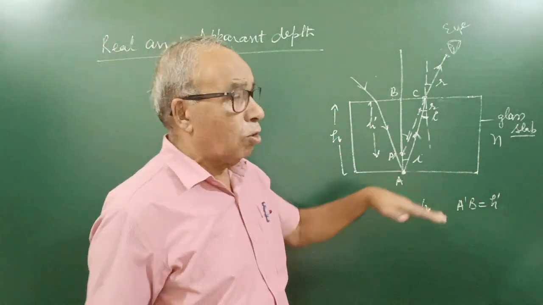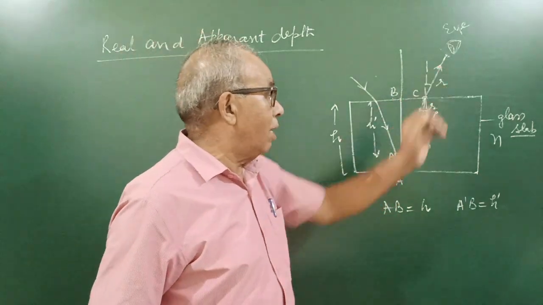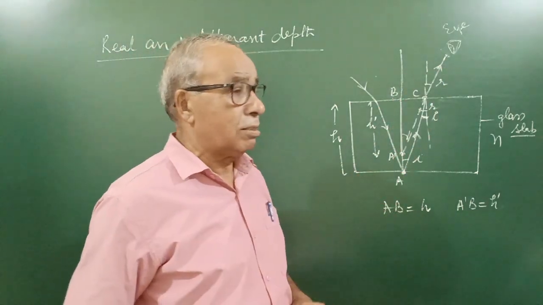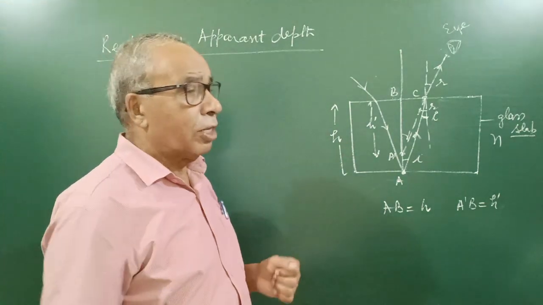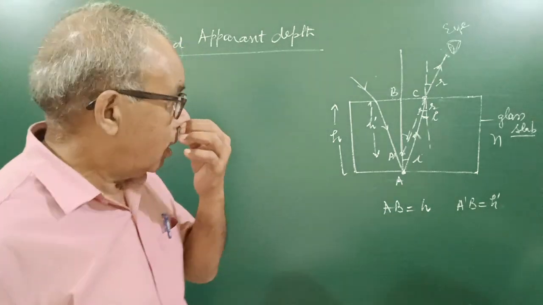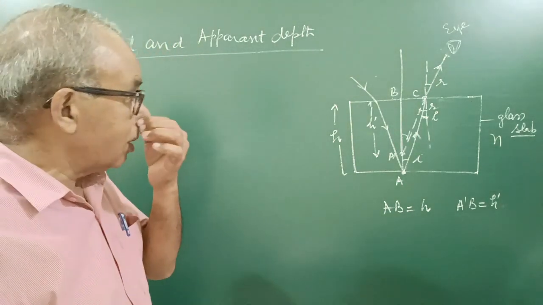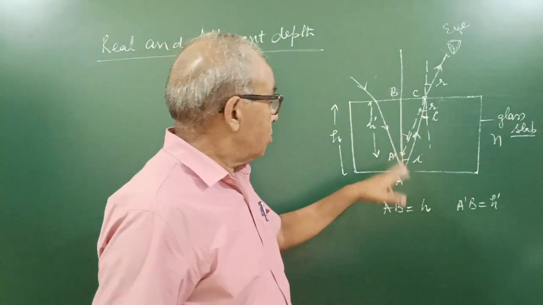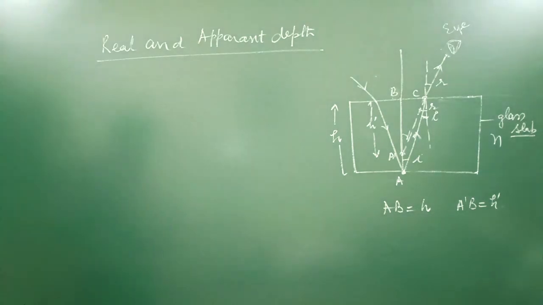Point A is placed on paper below the glass slab. It is seen by the eye, it appears at point A dash. Or if you put some coin in water or any transparent liquid, it appears at less depth. So now we try to establish the relation between apparent depth, real depth and index.